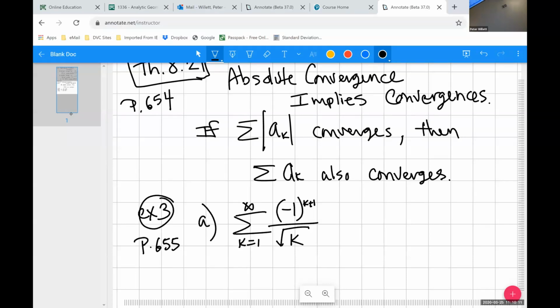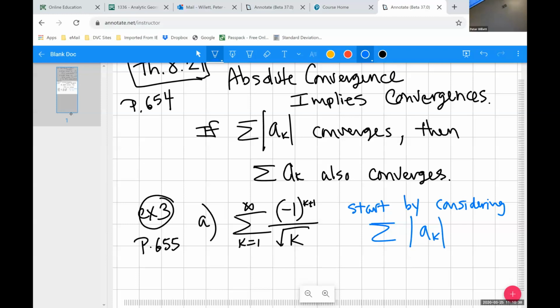So, first of all, if it converged without the minuses, then it converges absolutely. And I know that the series converges itself by the theorem we just looked at. So we begin by considering the series of the absolute values of a sub k.